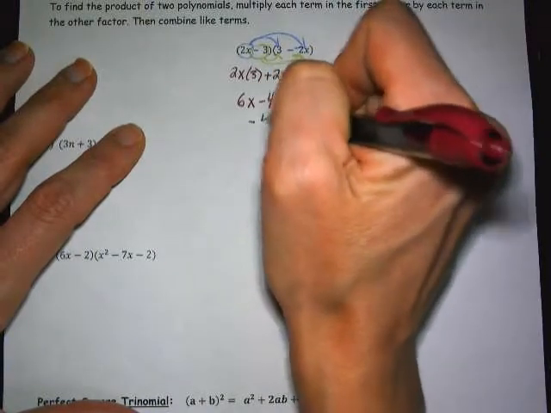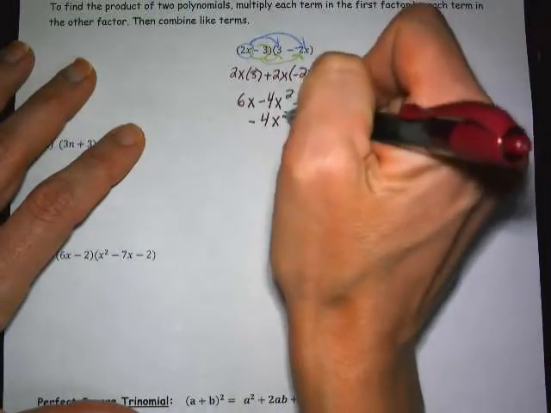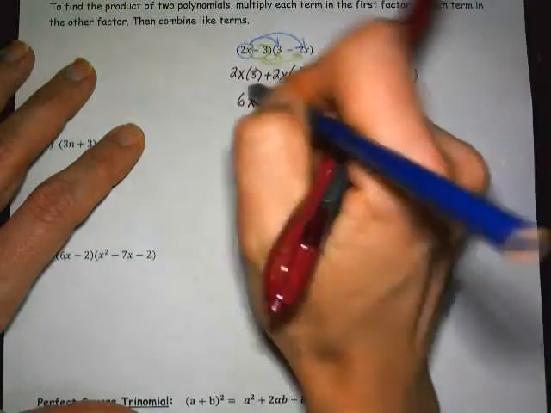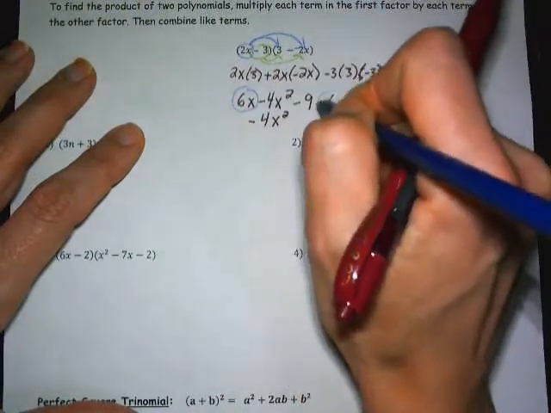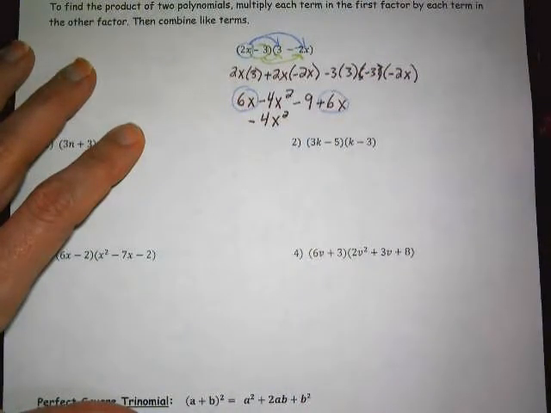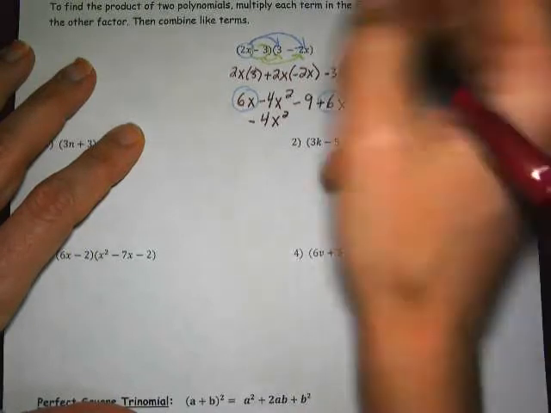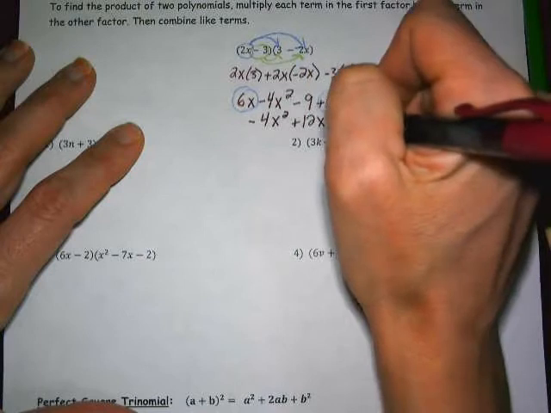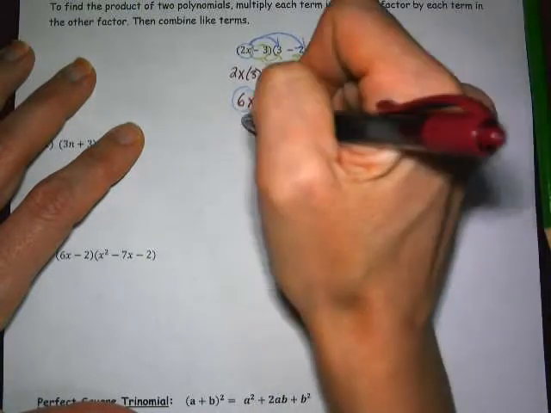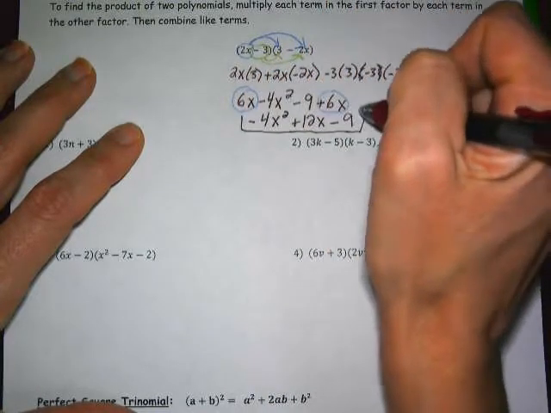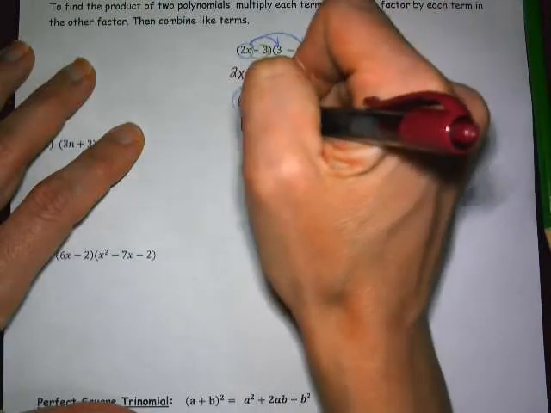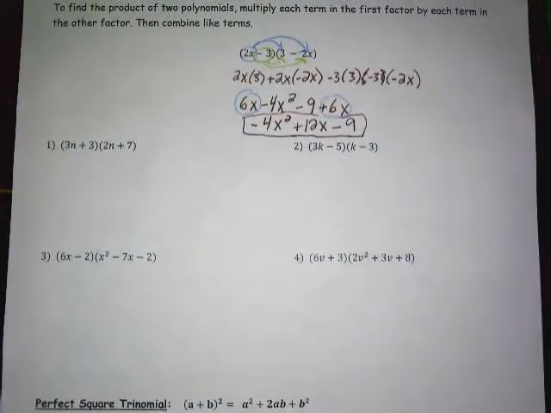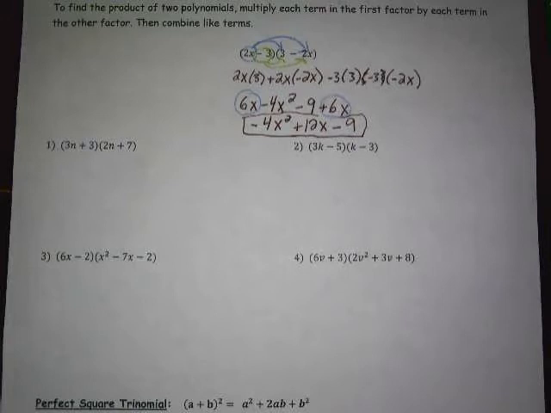So I'm just going to bring this negative 4x squared down first. And I've got these two x terms, and I need to combine them by adding. 6x plus 6x is plus 12x. And then I just have this negative 9. So negative 4x squared plus 12x minus 9.